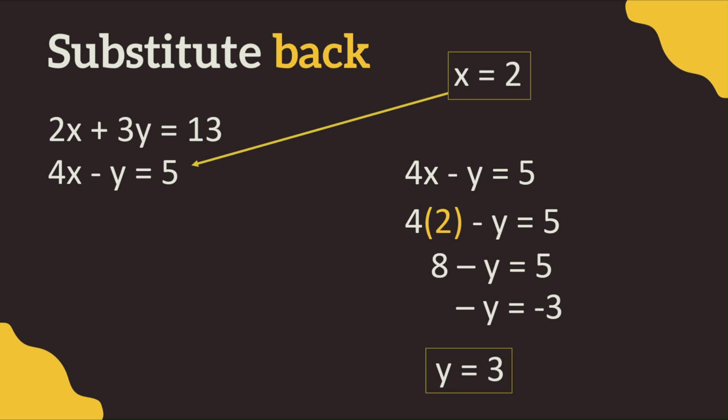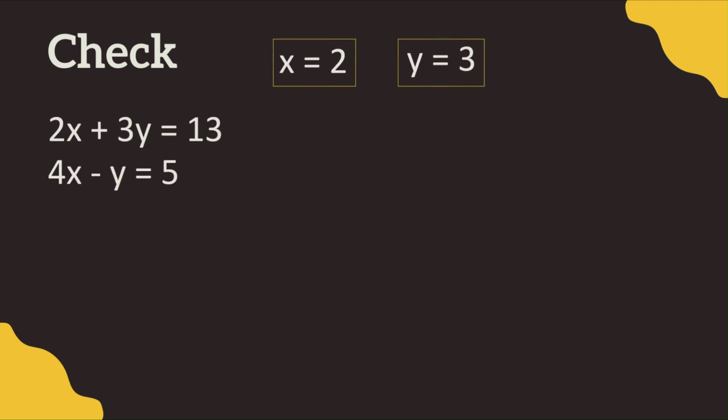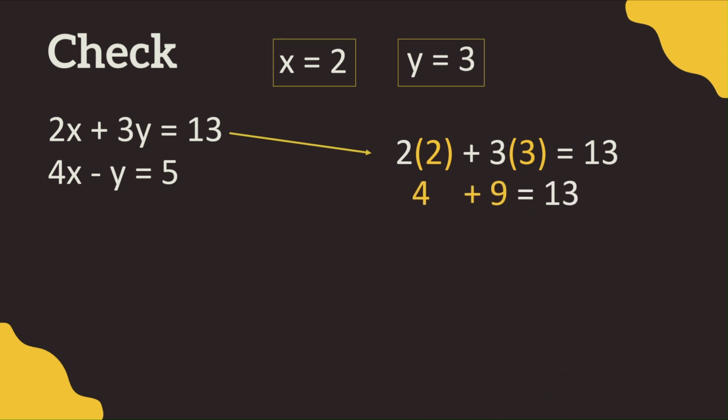But before we finish, let's check our answer by substituting our values back into the original equations. Substituting x equals 2 and y equals 3 into the first equation gives us 2 multiplied by 2 plus 3 multiplied by 3 equals 13, which is 4 plus 9 equals 13.